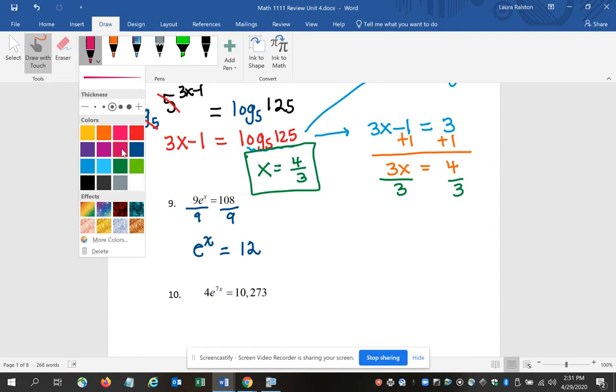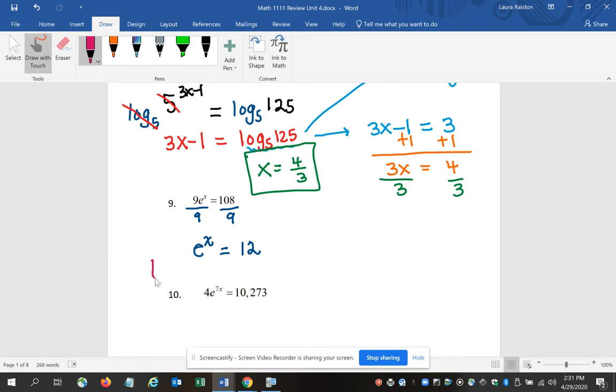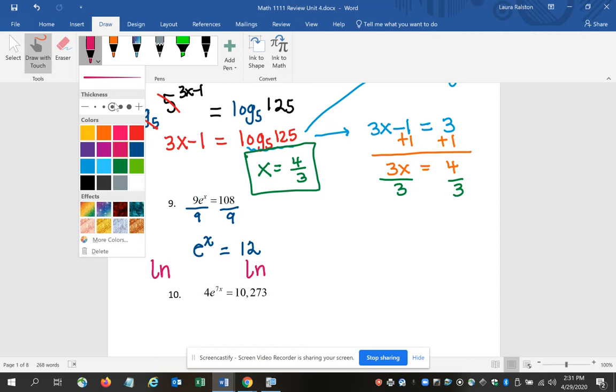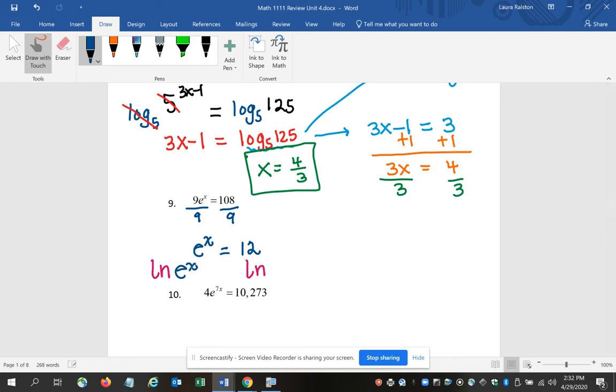Then I have a reasonably simple exponential equation. We're going to solve that by taking the log of both sides. So we're going to take the natural log of both sides. I'm using natural log because my exponential has a base of e. So we're going to have the natural log of e to the x equals the natural log of 12.